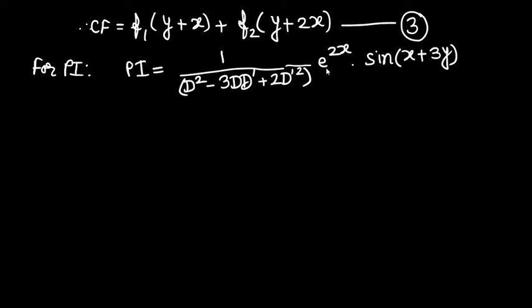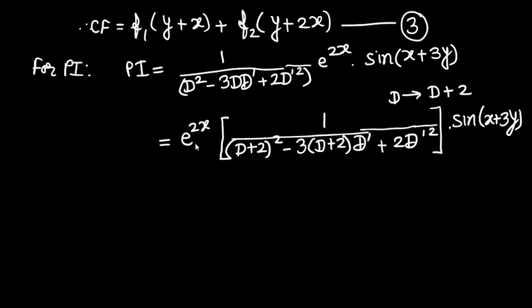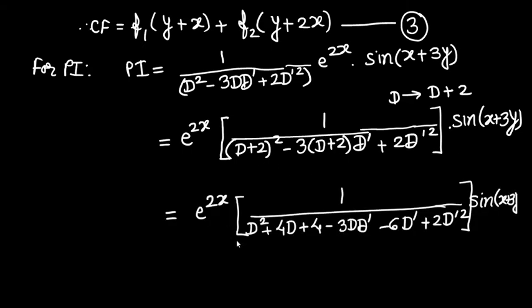Now we write this e to the power 2x outside, D is replaced by D plus 2, and because here the value of a is 2 and the b value is 0, therefore we write down D dash as it is. Simplify these values, open the bracket by applying the (a plus b) whole square formula, and combine the terms.